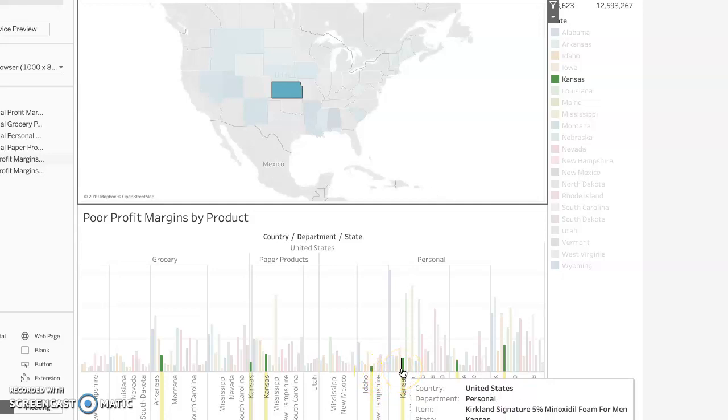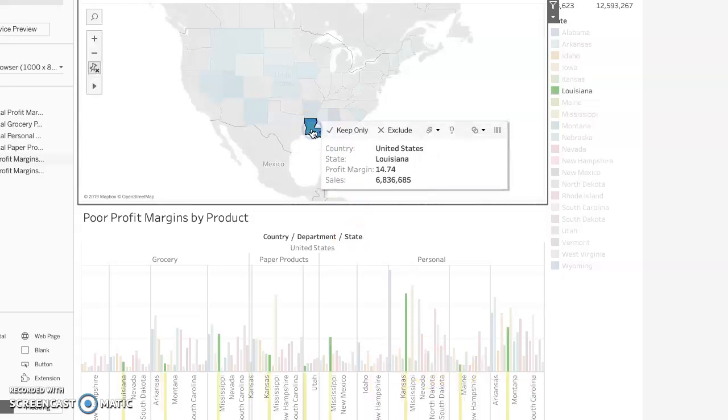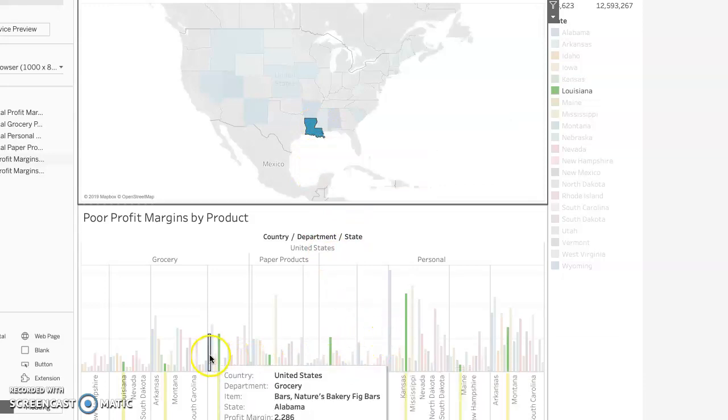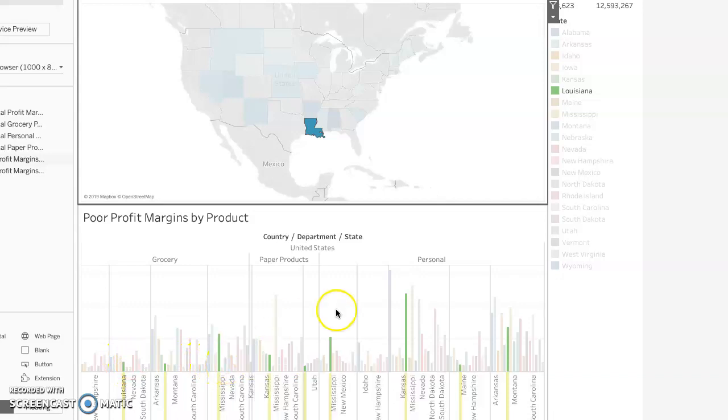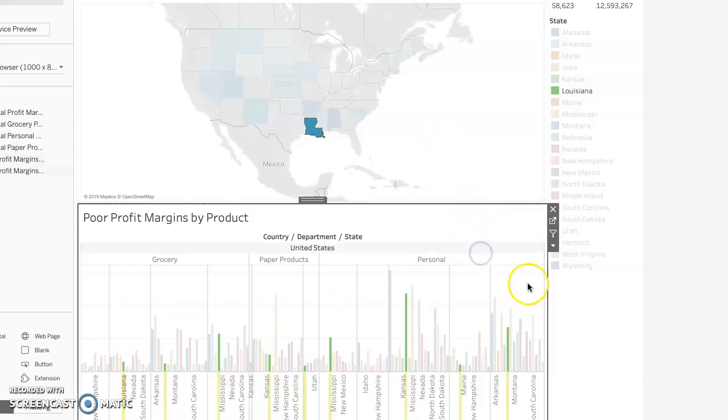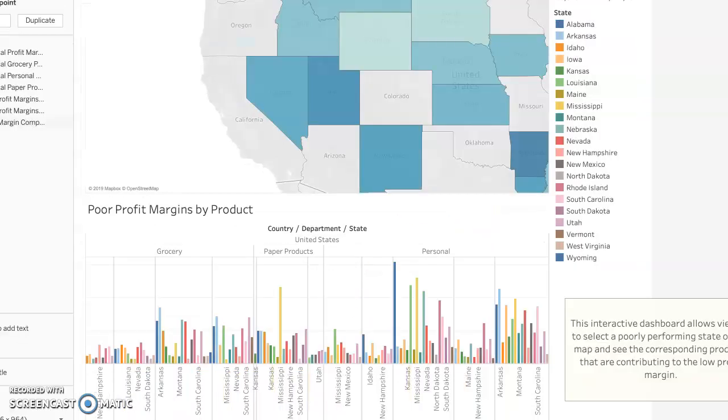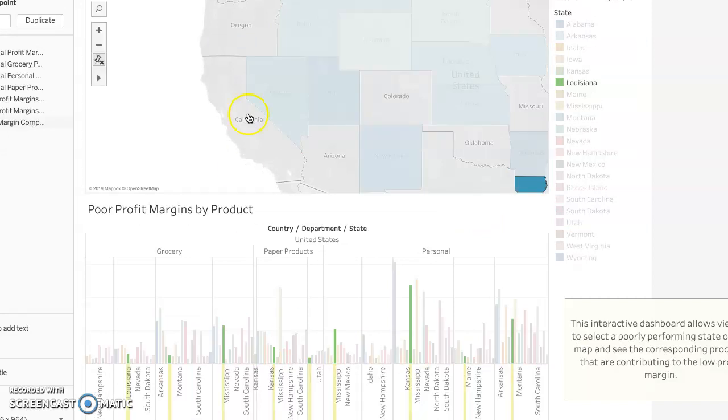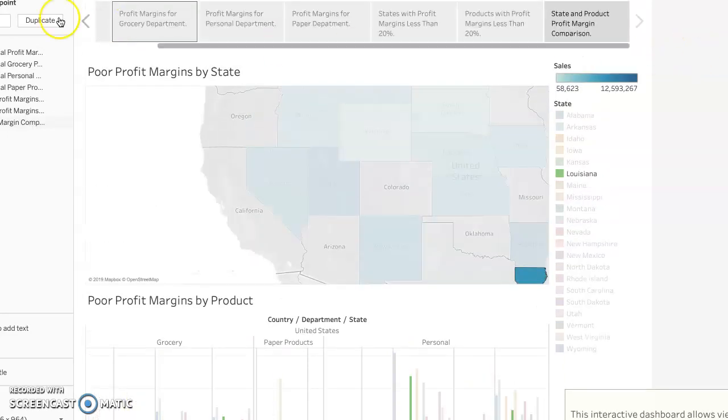So in Kansas, this foam soap has a profit margin of 0.8, which is not very great at all. If you click on another state, say Louisiana here, you can see all the different products in Louisiana that are likewise performing poorly. So that makes up my dashboard.